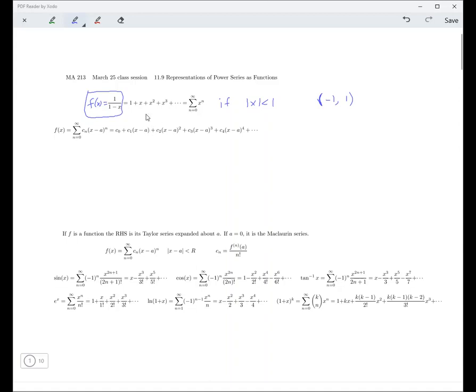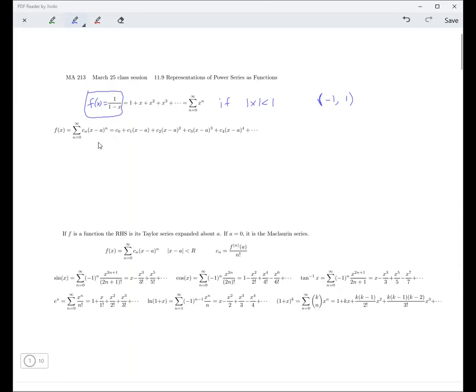Now, in general, down here I have a whole bunch of power series of different functions. So sine x is represented by this, cosine x by this, inverse tangent x, and so on. Exponential, logarithm of 1 plus x, and then the binomial series right here.